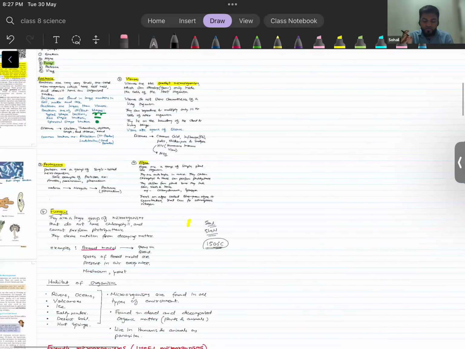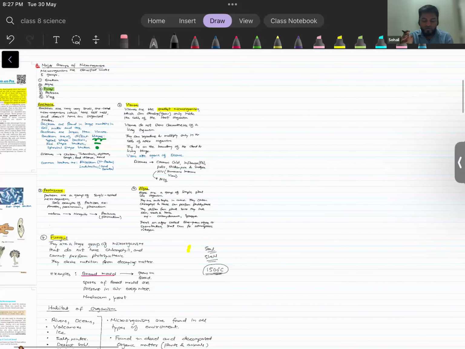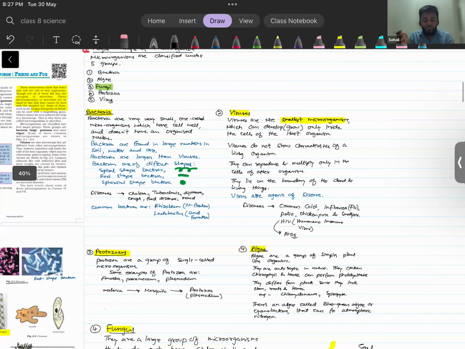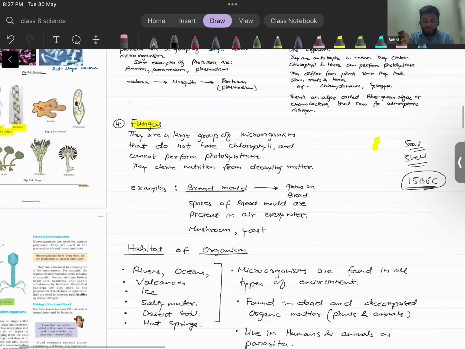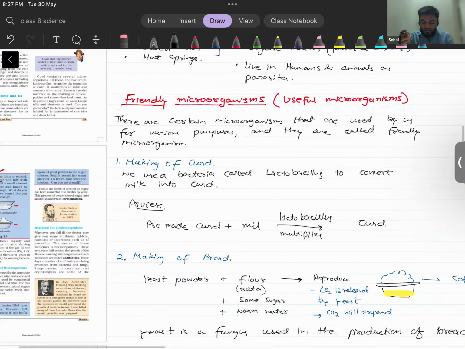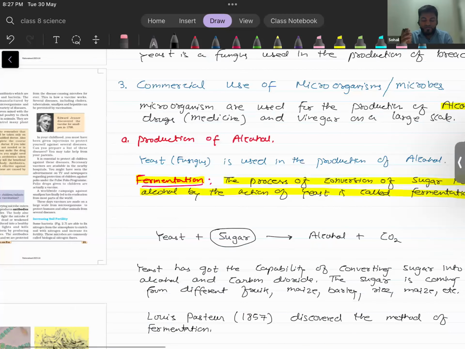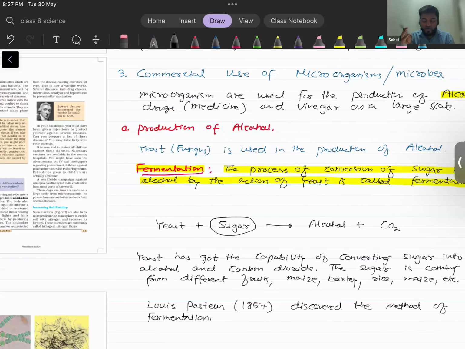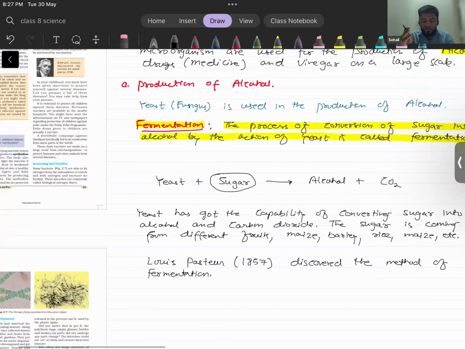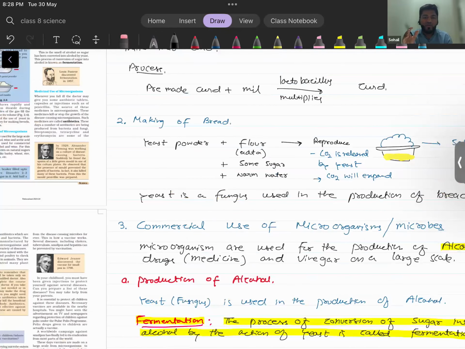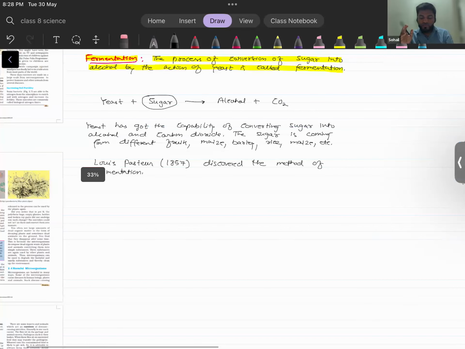Read all the 5 classifications of microorganisms, where they live, their habitat, and the commercial use of microorganisms. In the next class, I will be asking about fermentation and how bread is made in industries. So read about these things.